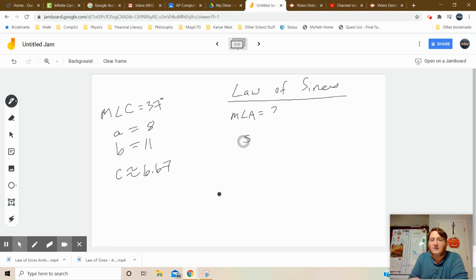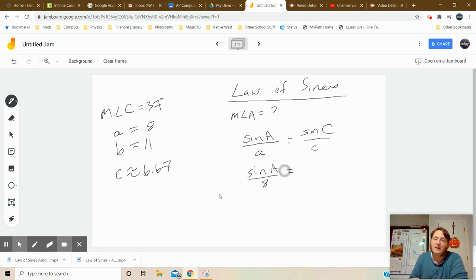Well, we know that sine of A compared to little a is equal to, well, now we know angle C and side length C. So we'll use that version of law of sines that uses the A's and the C's, and we'll fill in the things we know. We don't know angle A, we're trying to figure it out. But we know that side length of A is 8.